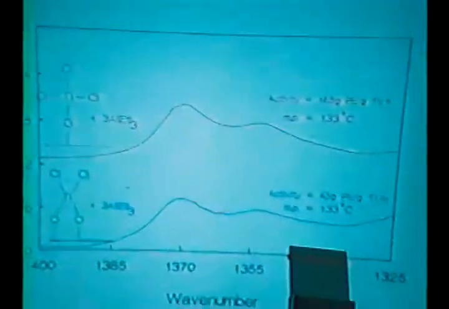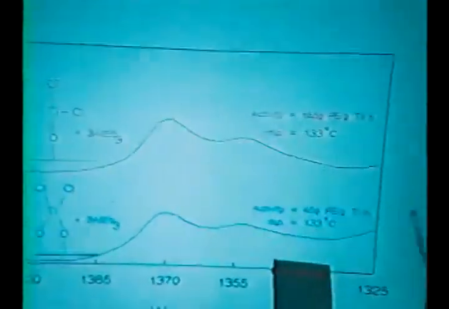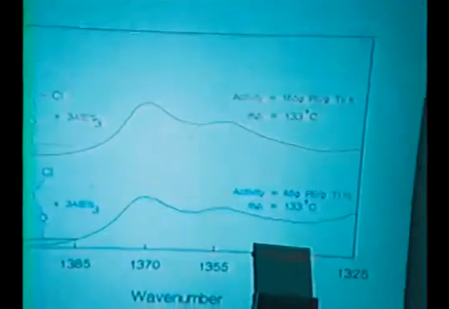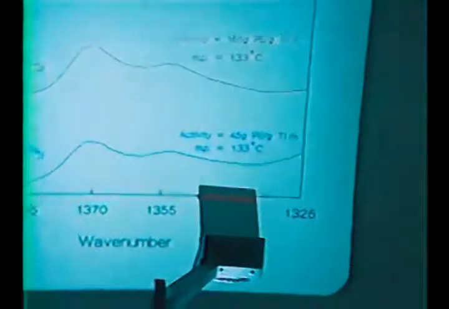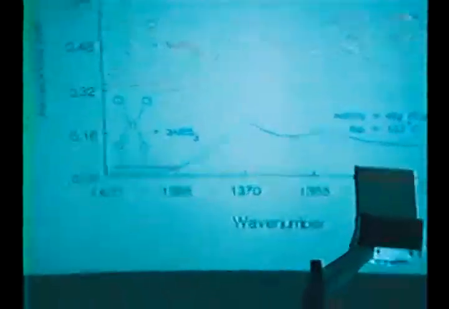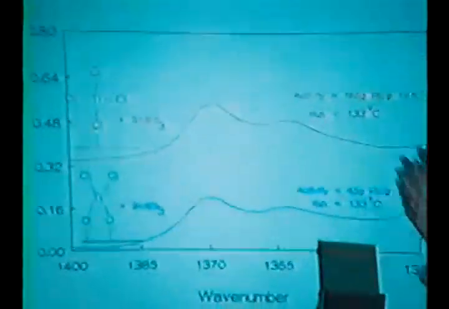I've also included the DSC melting point of the polymers, both at 133 degrees C, indicating once again a very high molecular weight, not very branched polymer. So the products are essentially the same, but the activities are very different depending on what you start with in terms of the bonding of the titanium to that surface.